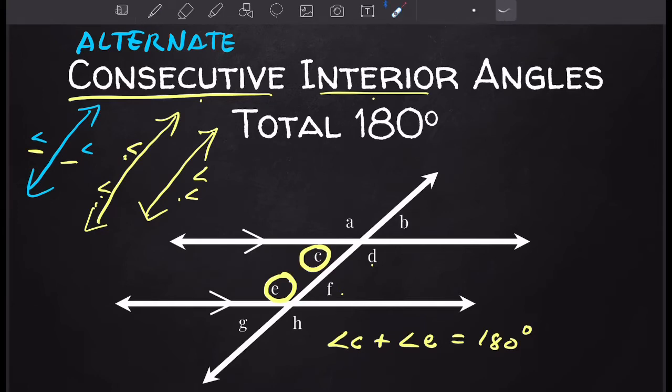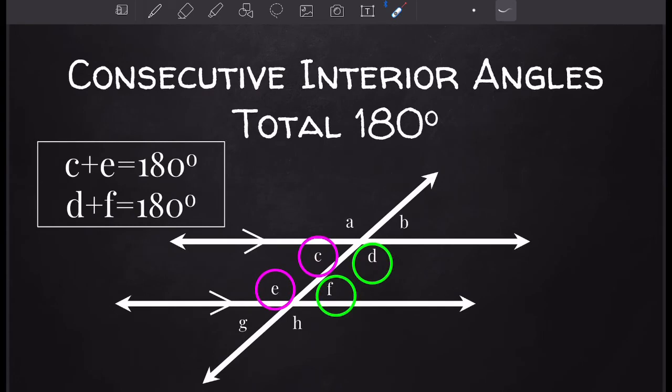Consecutive, both of them are on the same side of the transversal, and they are interior, in between the parallel lines. When we add the measurement of C and the measurement of E, it equals 180.